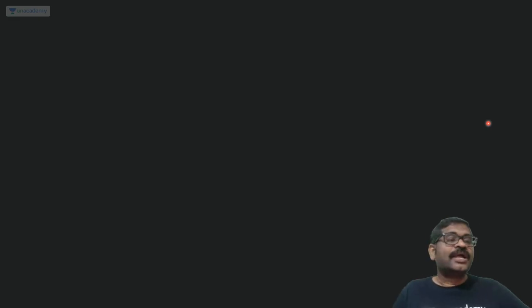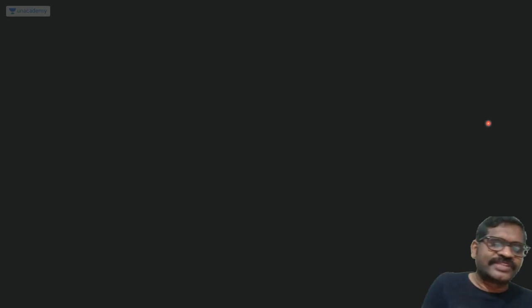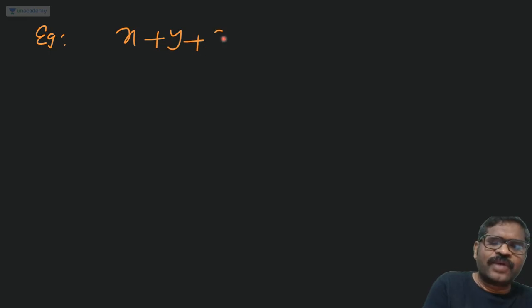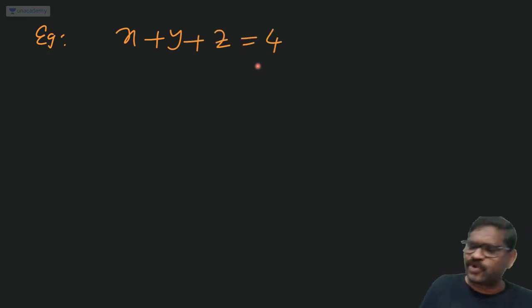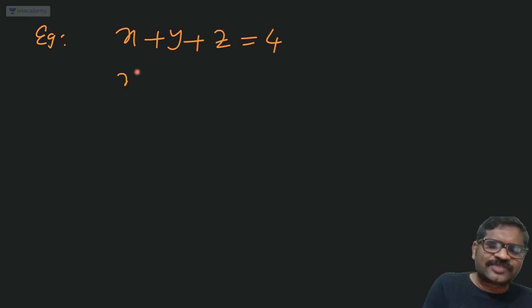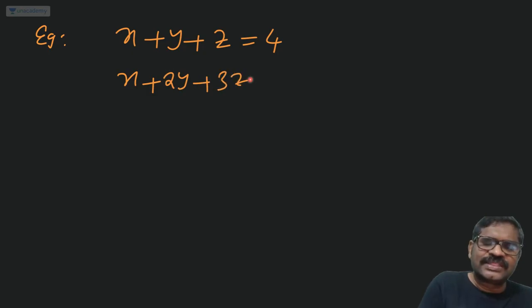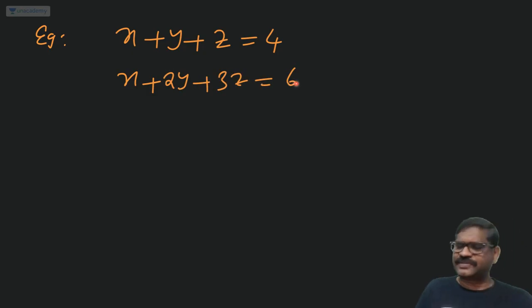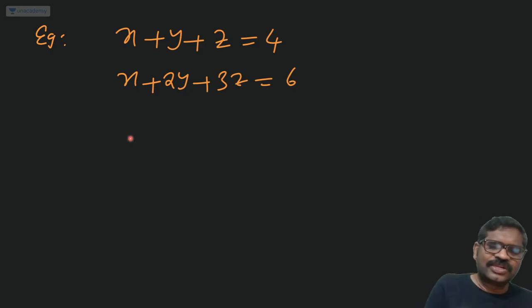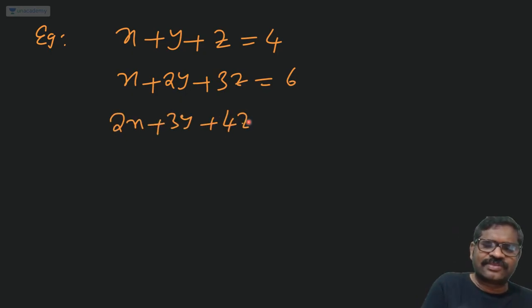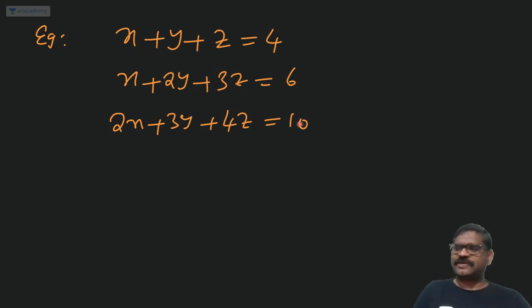Now, non-homogeneous system. For example, x plus y plus z equal to 4, x plus 2y plus 3z equal to 6, 2x plus 3y plus 4z equal to 10.